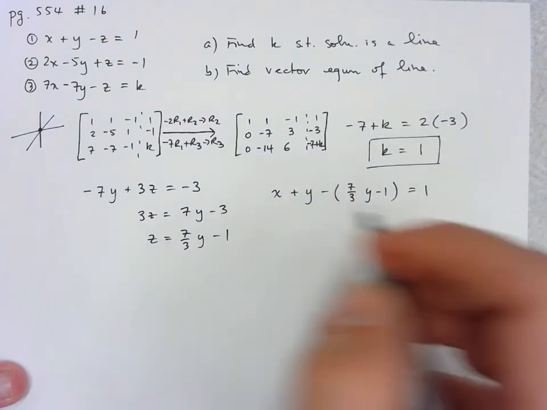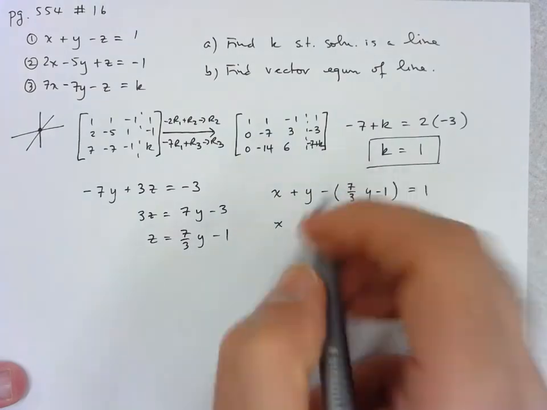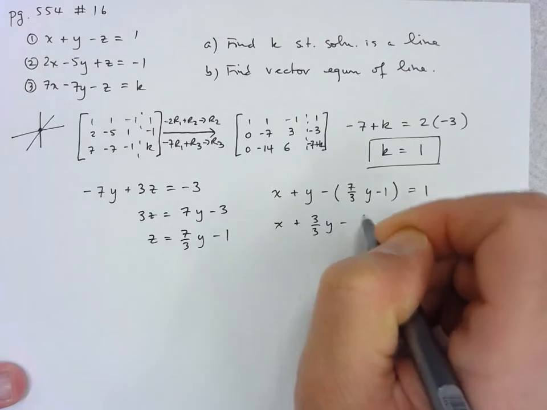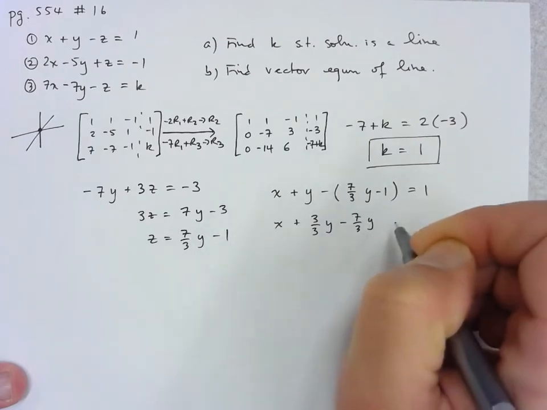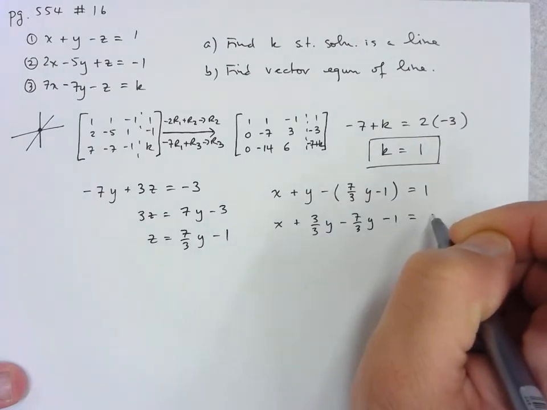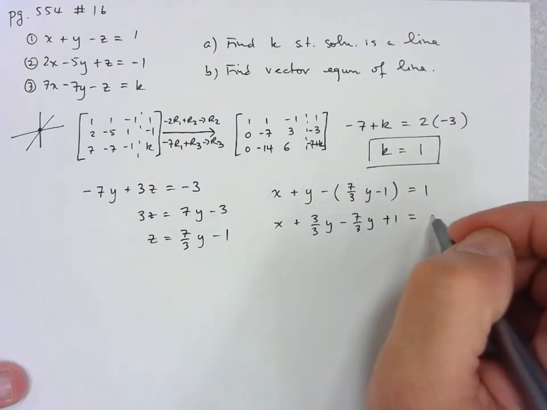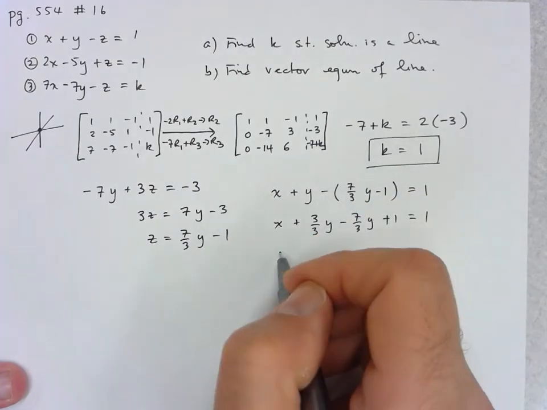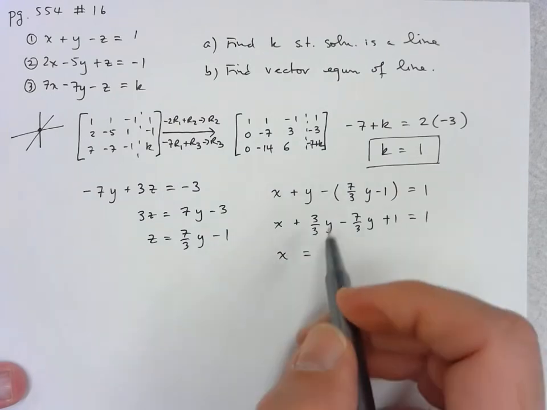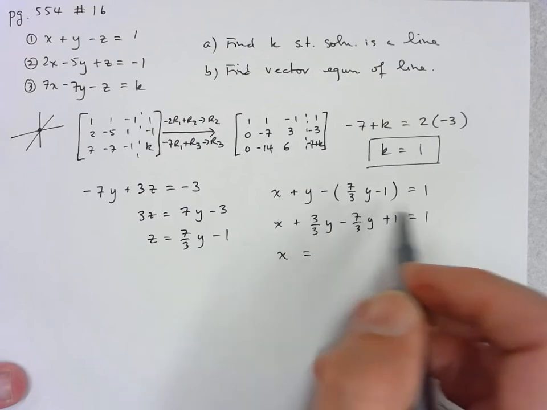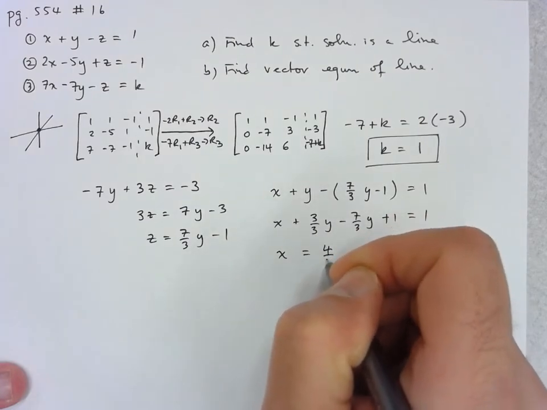Let's solve this here. We have x plus, I'll put this over 3, so 3/3 y minus 7/3 y minus 1. Oh sorry, that's going to be plus 1. Almost forgot that negative there. Try to be careful. So here, what do we have? x is equal to, so 3 minus 7 is negative 4. Bring that to the other side, it's going to become positive 4/3 y.